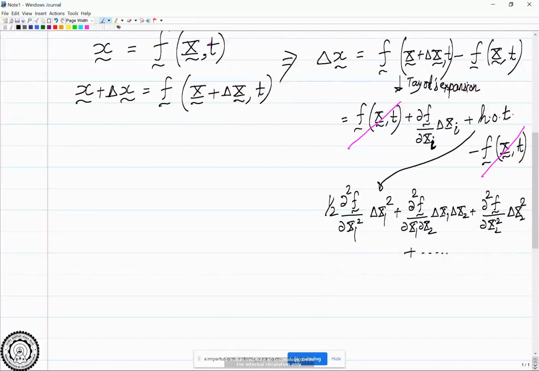But can you see that we of course have the derivatives, but the deltas are quadratic. Can you see they are quadratic, isn't it? What do you think?